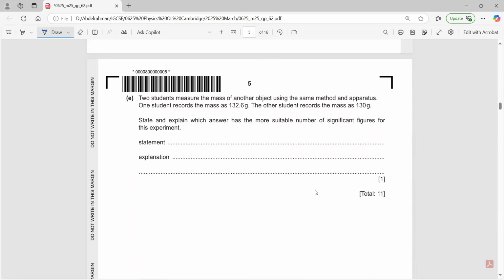Two students measured the mass of another object using the same method of apparatus. One student records the mass as 132.6. The other student records the mass as 130 grams. State and explain which answer is more suitable, has the more suitable number of significant figures for this experiment. The more suitable value would be 130.